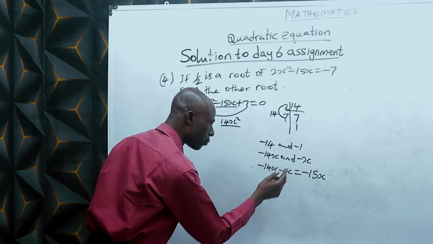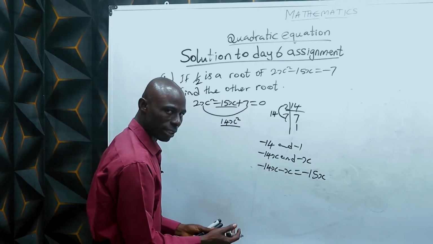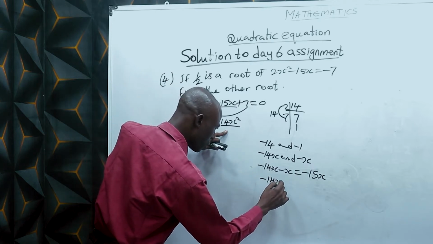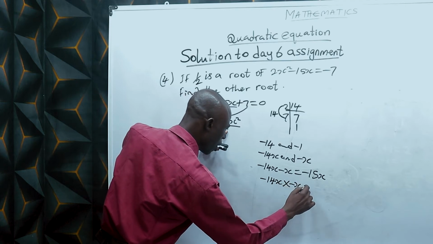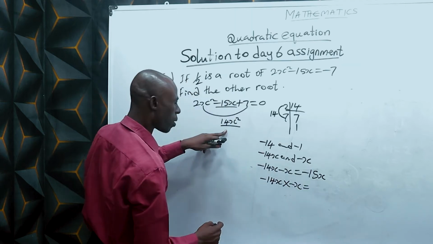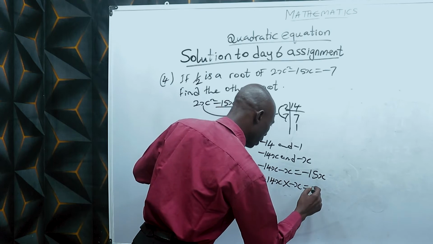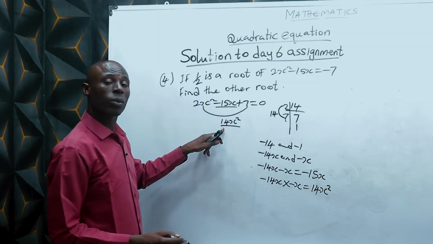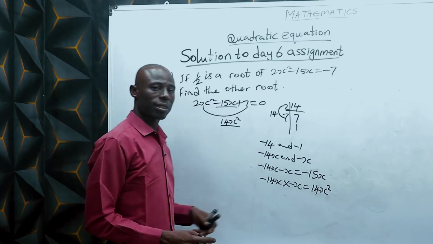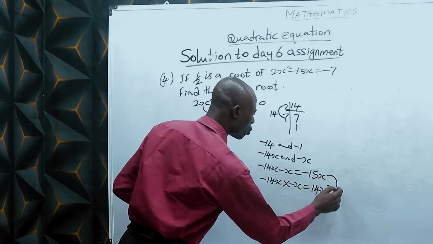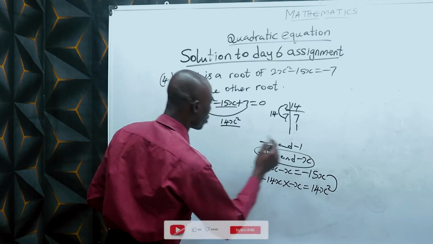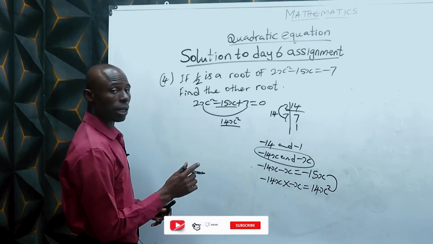Let's see if the two factors achieve the product target at the same time, minus 14x times minus x, which is minus times minus is plus, 14x times x, that is 14x squared. Correct. They also achieve that. So that means the two factors there are viable enough to be used to represent the middle term.